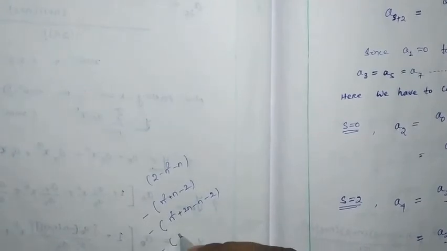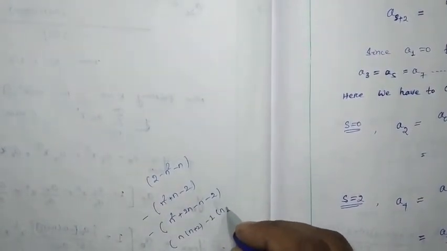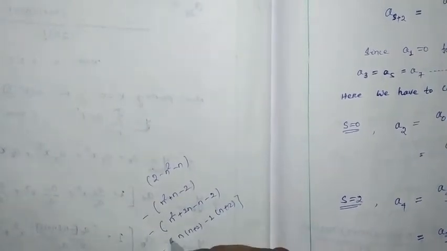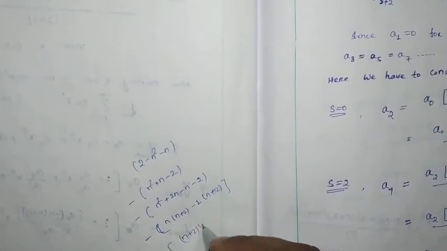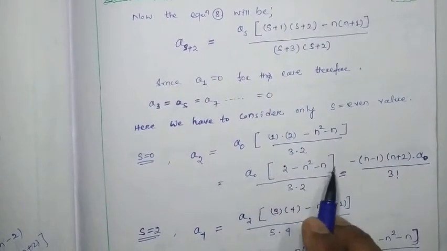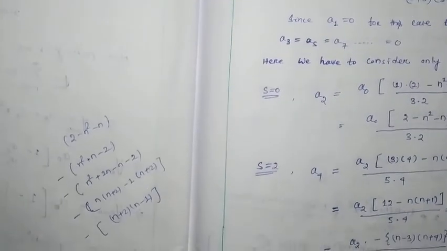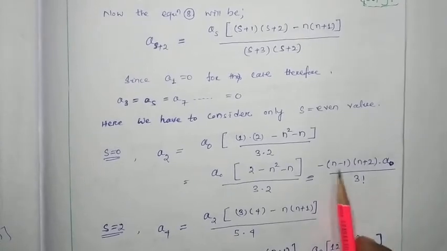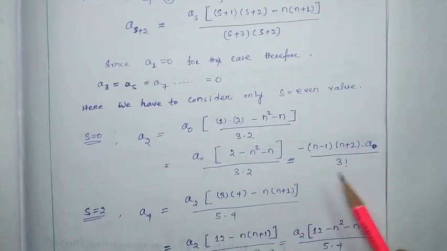Take n plus 2 common, then we get minus of n plus 2 into n minus 1. So this can be written as minus of n minus 1 into n plus 2, into a0 divided by 3 factorial.